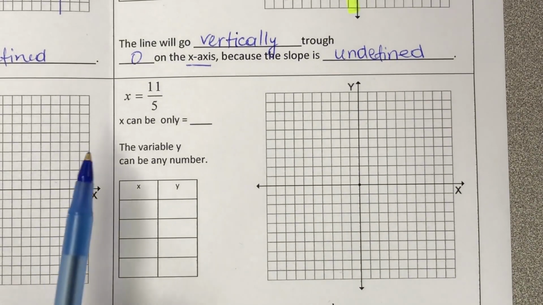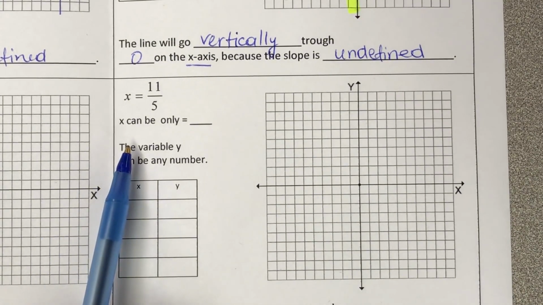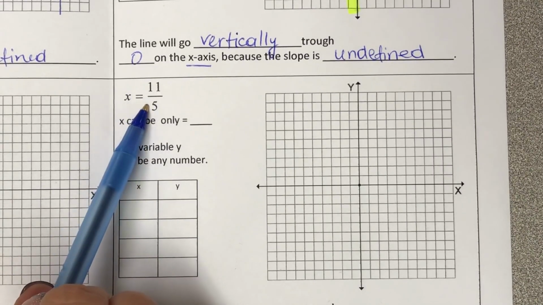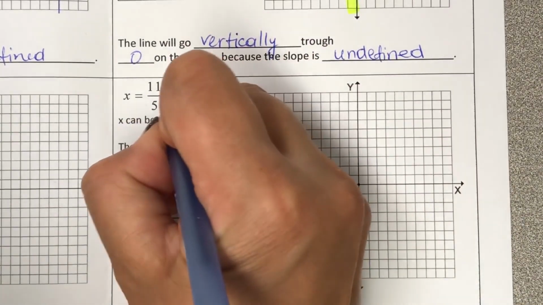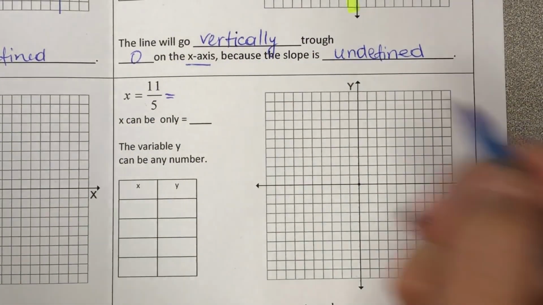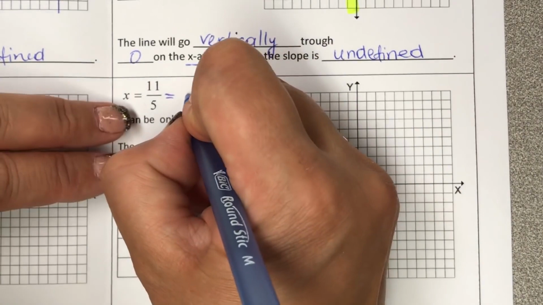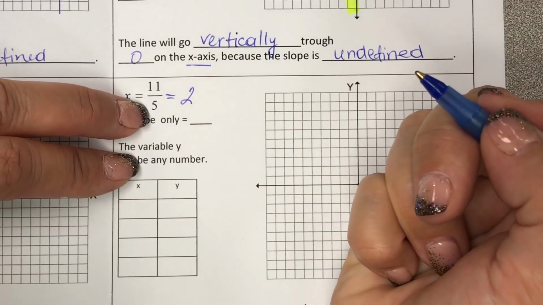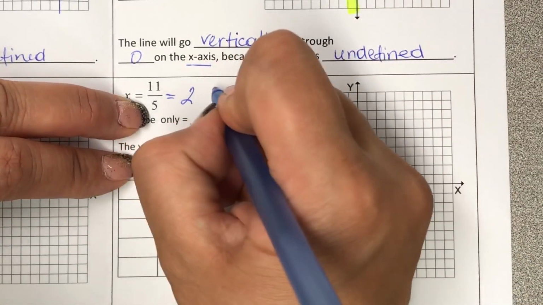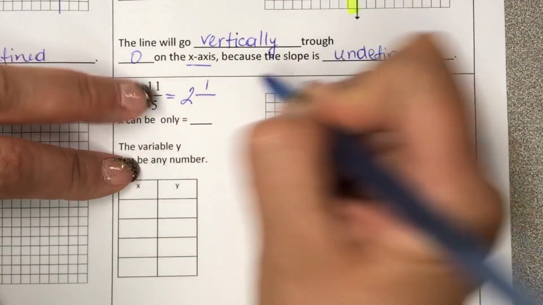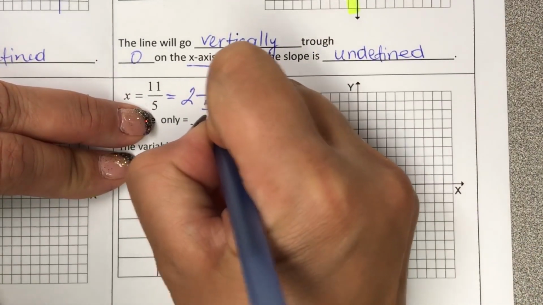Let's see a fraction, 11/5. Let's change the fraction to a decimal, because 11/5 is 2 1/5. If I change the improper fraction to a mixed form, 5 goes into 11 2 times. That takes 10 out of 11, so there is still 1 left over.